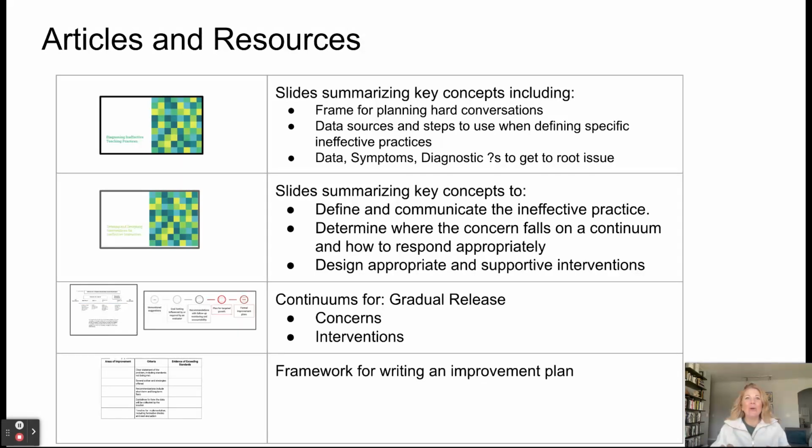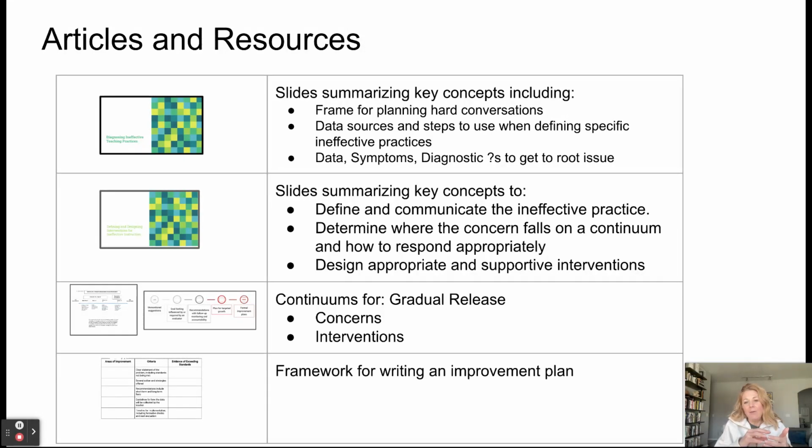I'm noticing this, and I really like the continuum that's laid out here for concerns. Do I just need more information? So I might go into the classroom a couple more times, or I might ask some questions like, I noticed, and so I'm curious, tell me more about. And so that is a real initial way.